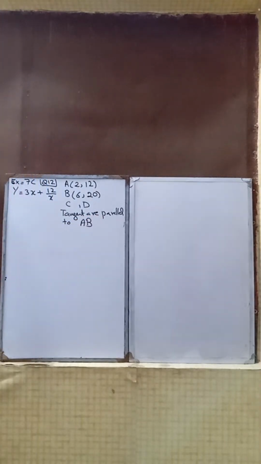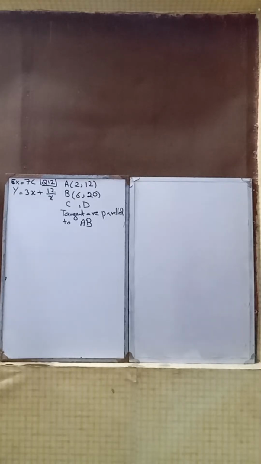The second part is to find the equation of the perpendicular bisector of CD. First, we have to find the coordinates of the points C and D.